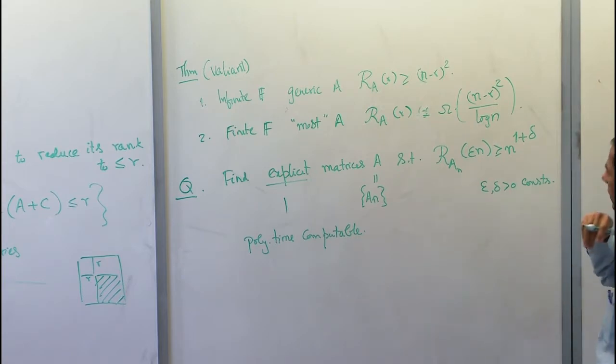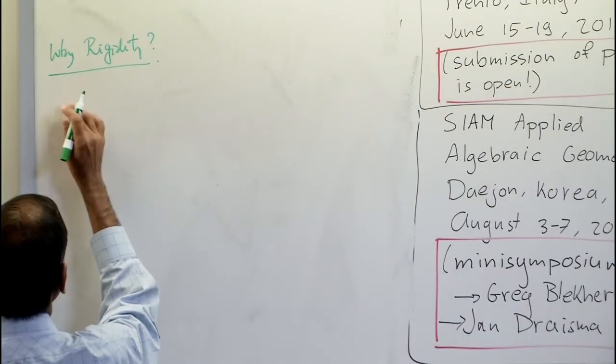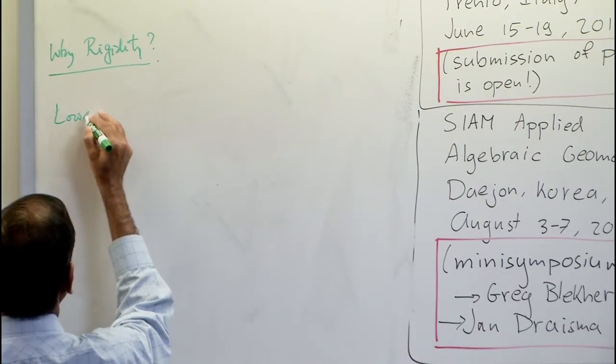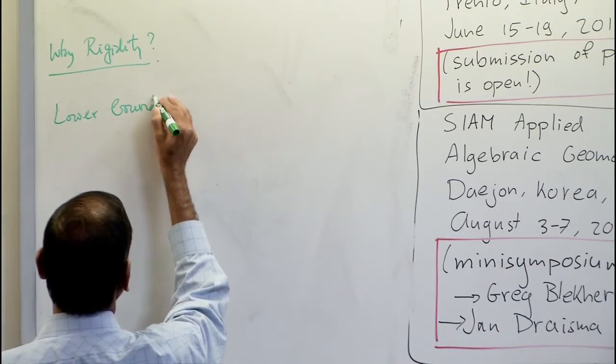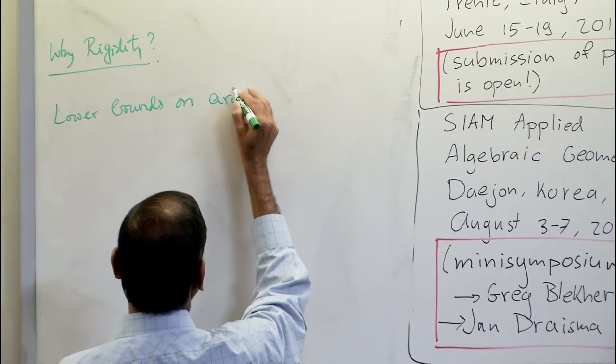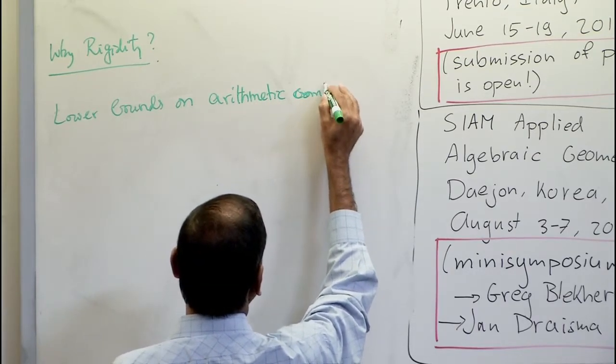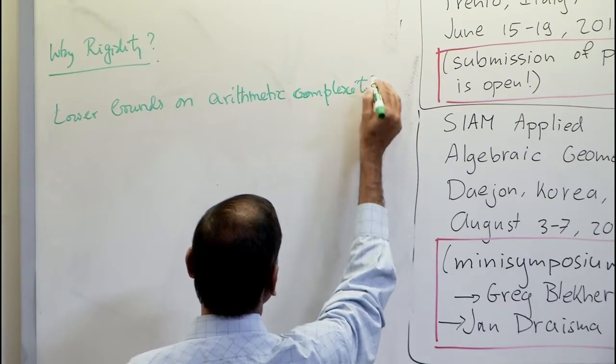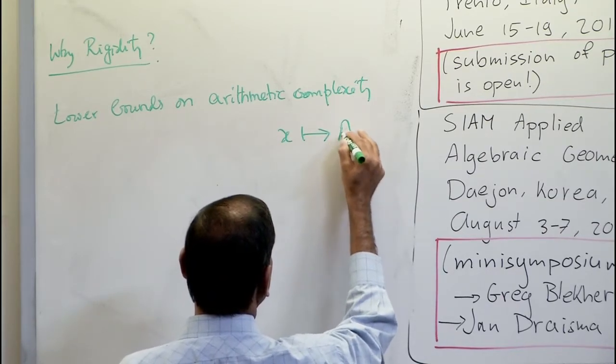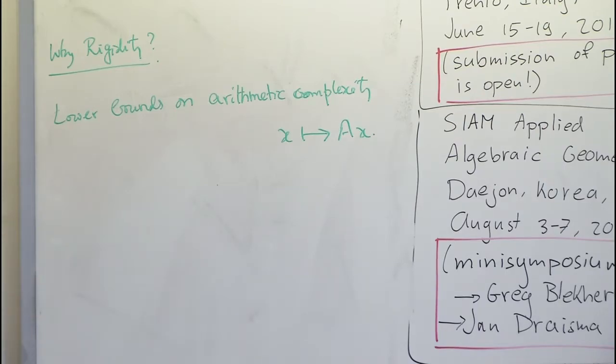So let me do that here. The goal is to prove lower bounds on arithmetic complexity, and I'll define the model in just a second, of computing the linear transformation given by the matrix A. And the model is very simple.